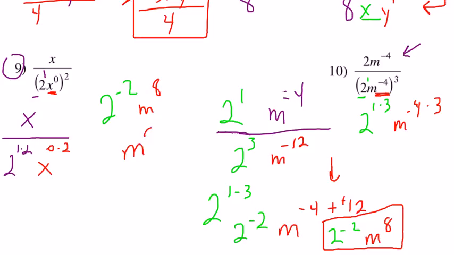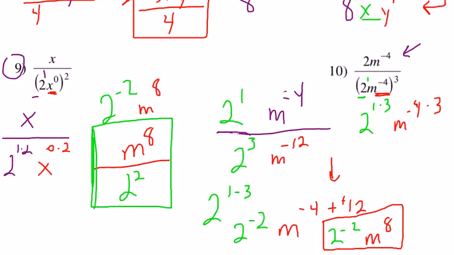It can stay in my numerator. If I want to move 2 to the negative 2, we merely move it to the denominator and keep it like it is. Or you could say that this is 4 if you wanted to get rid of that. And you could say that it's m to the 8th over 4. Either way, we are good, and that's our answer.